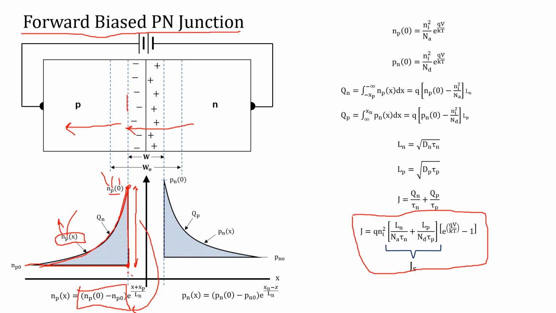So if you put minus xp in place of x, what will you get? You will get e to the power 0, which is 1. So you are left with only this value in the box. So this equation seems correct.